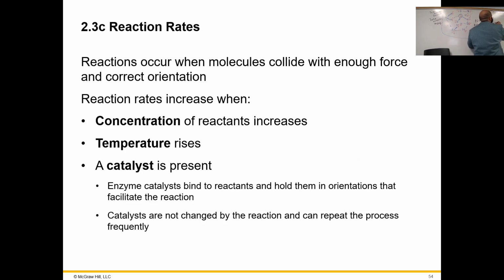So this is my reactant side, and I go from reactants, obviously, to products. So in order to go from reactants into products, I have to go up this very important EA. EA represents activation energy.